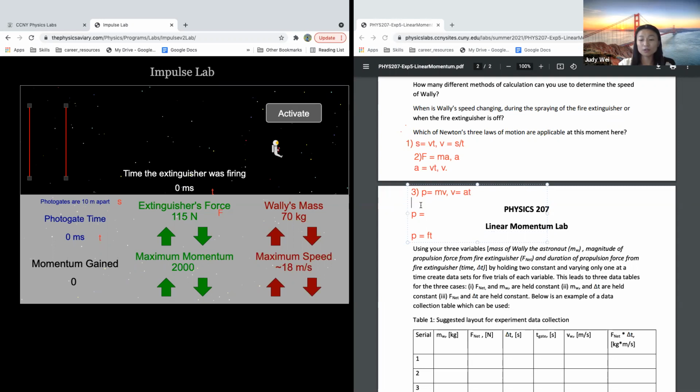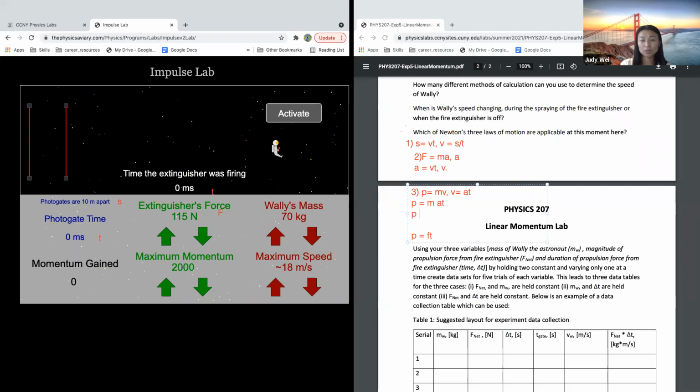Now I don't want to use v, I want to use a, so I put at to replace v.